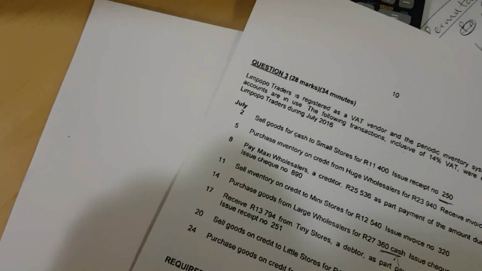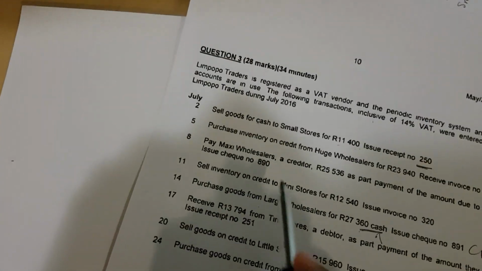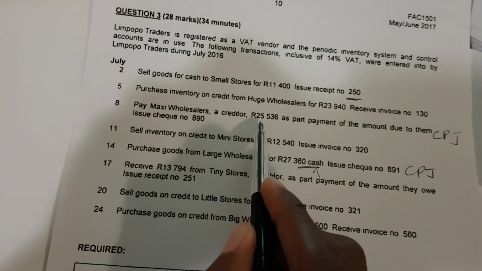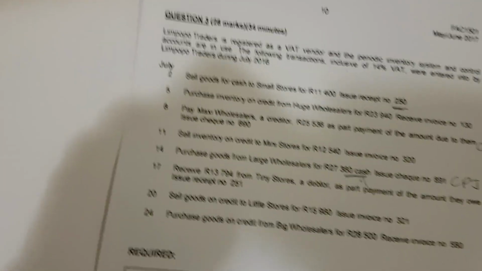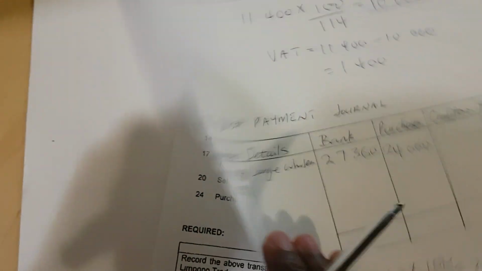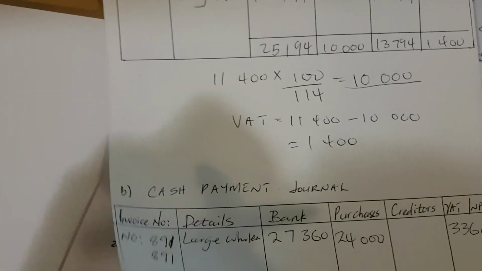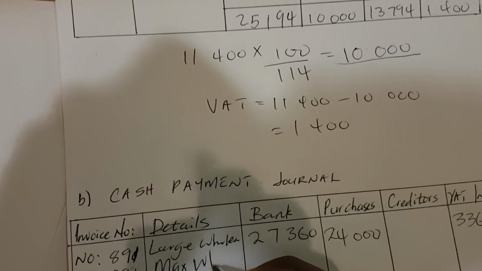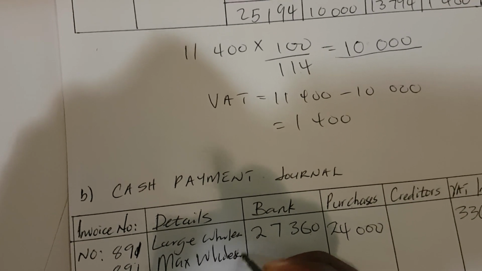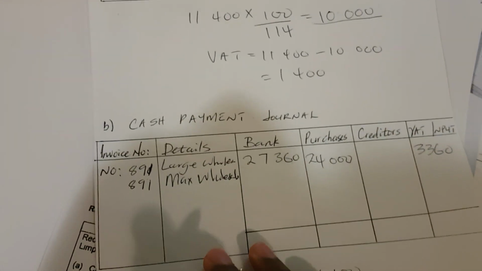Okay, and then we also have another transaction where we paid out money to a creditor, Max Wholesalers. So we paid out money to Max Wholesalers, and Max Wholesalers is a creditor.